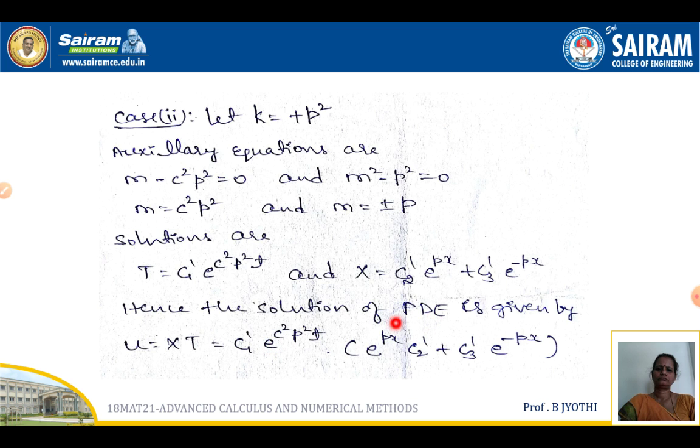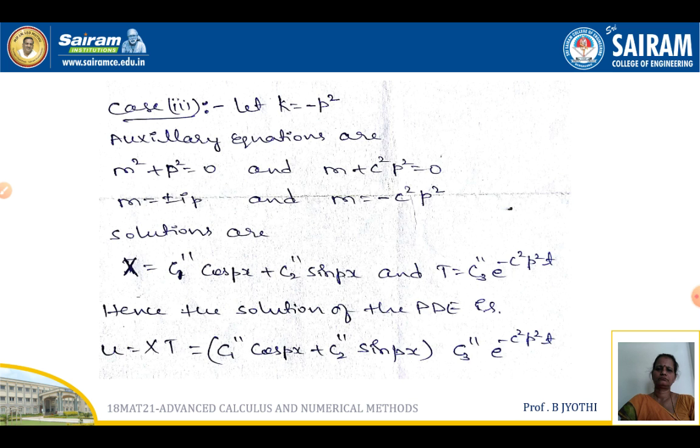Hence the solution of the PDE is given by u equals XT, that is c1 dash e power c square p square t into (c2 dash e power px plus c3 dash e power minus px). That is what we are getting when we take case 2, that is k equals plus p square. Similarly, we can do it for the minus p square also.